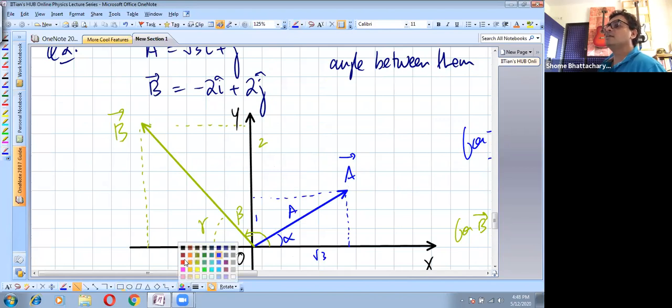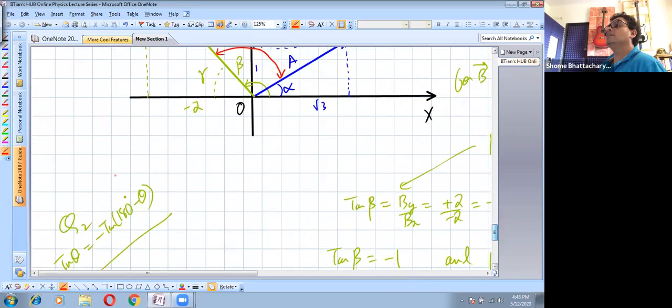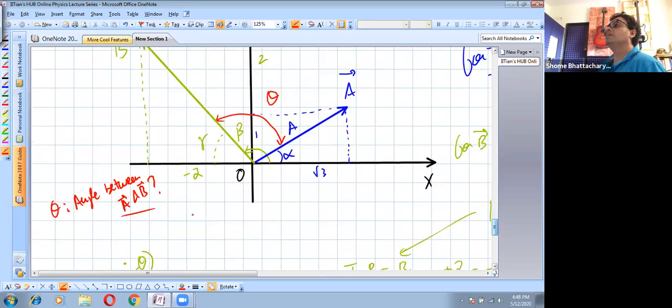So in this diagram, what is that angle I'm talking about? That angle I'm talking about is this. This is the angle between the two. This is the angle theta. So theta, the angle between A and B, is what I wanted to find. But you can see from the diagram that theta is actually nothing but beta minus alpha.